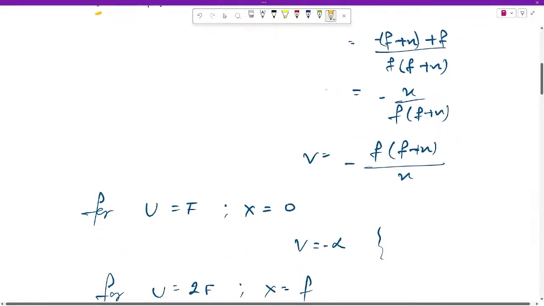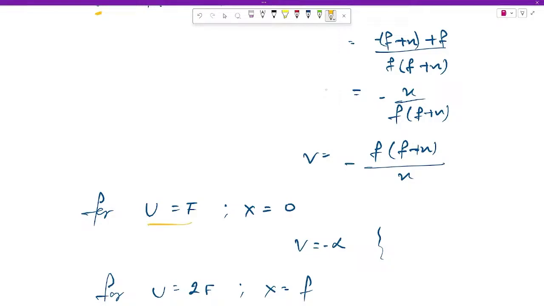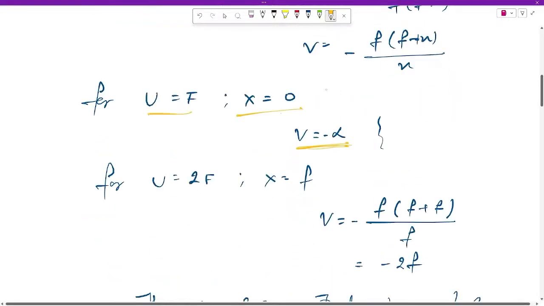Now in the question, it was an object placed between f and 2f. That is, when the object is at f, x would be equal to 0. So using x equal to 0 in this expression, we will get a value of minus infinity, that is v tends to minus infinity. And when object is at 2f, x will be equal to f.